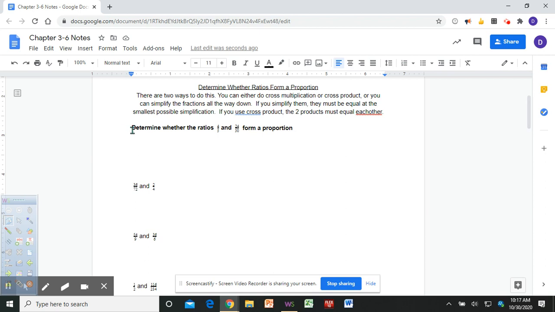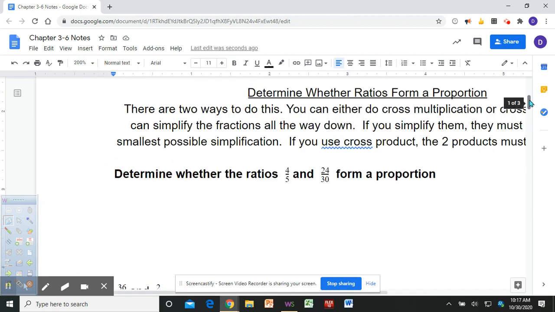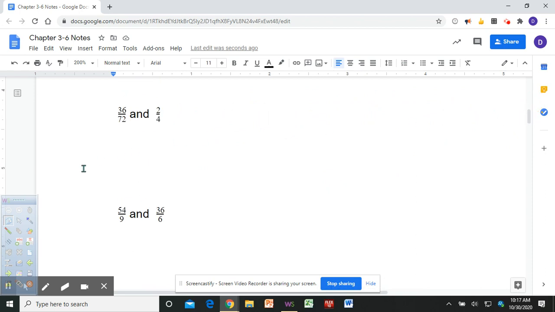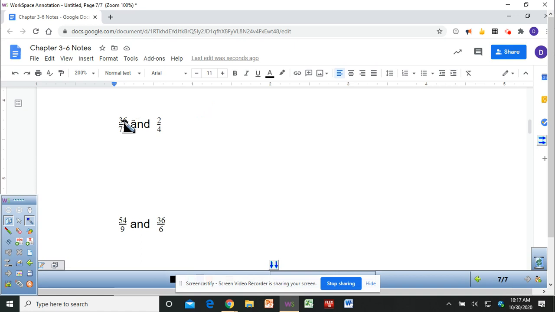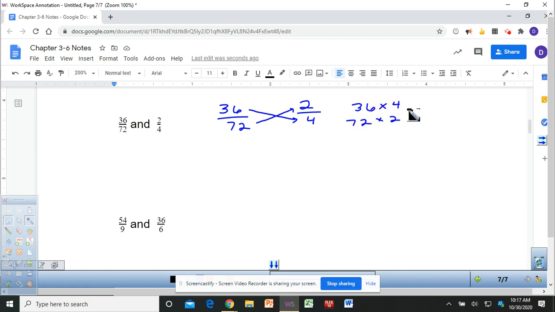So first one, I'm going to zoom this in a little bit so we can see it. Right here, 36 over 72 and 2 over 4. If we have 36 over 72, and they want to know if it's the same as 2 over 4, we're going to multiply diagonally, meaning I'm going to take 36 times 4 and 72 times 2.